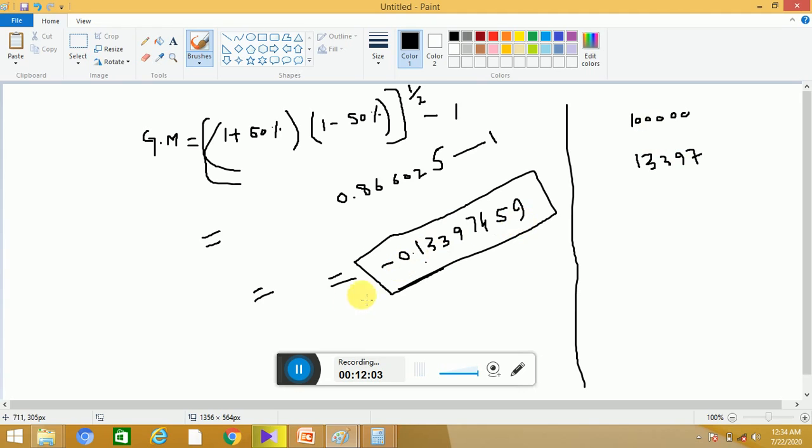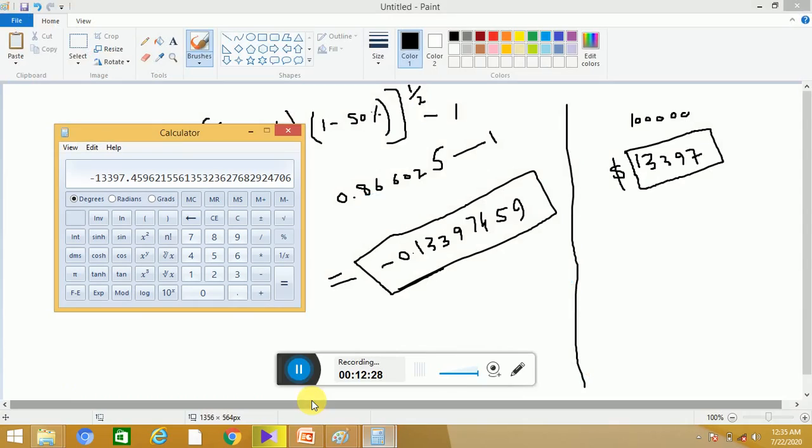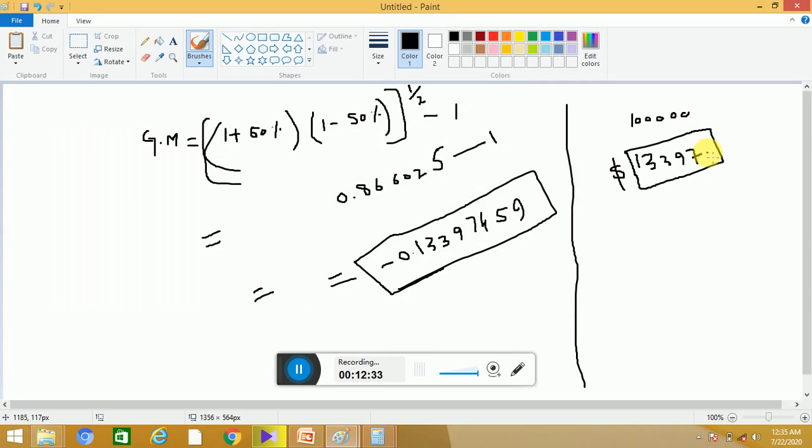This is the percentage of loss. Now we are calculating the amount in dollars. So this is the dollar loss in the first year: 13,397.4596.